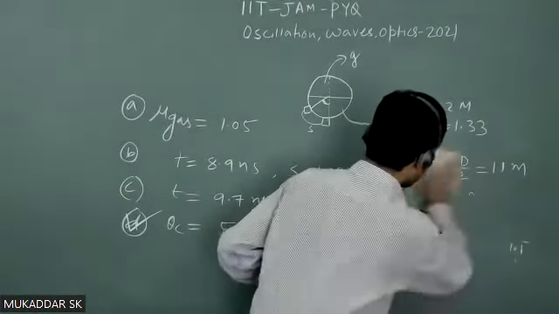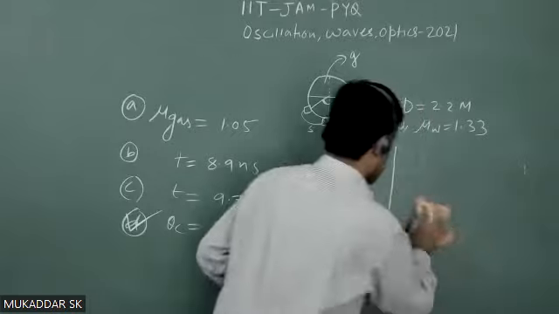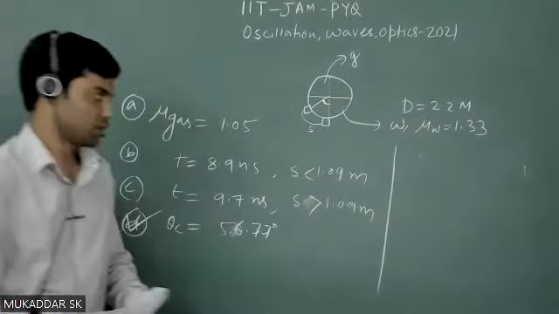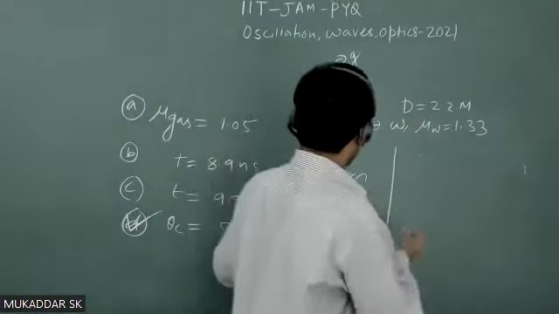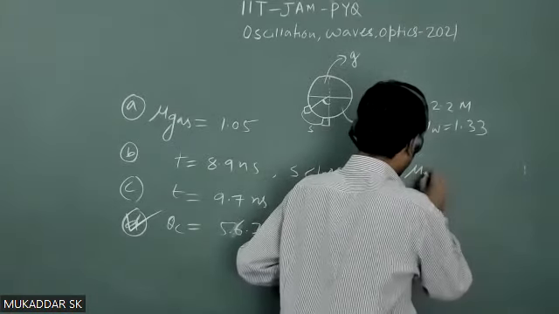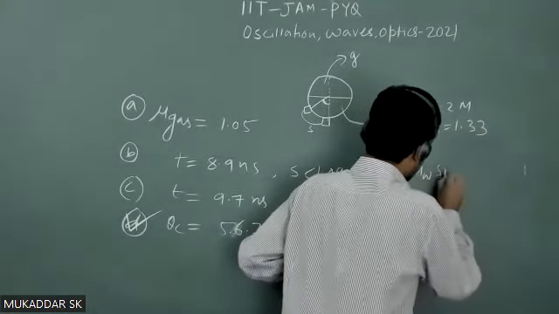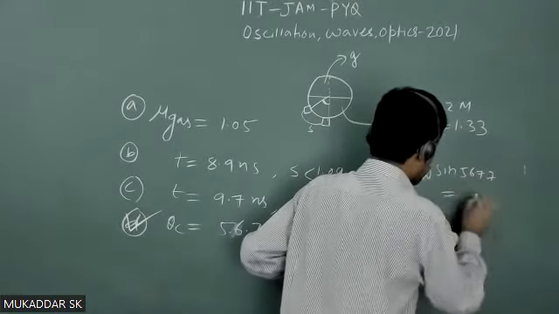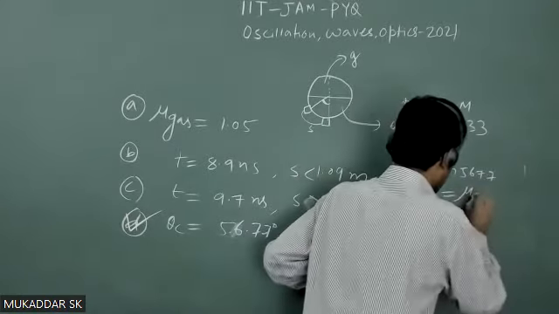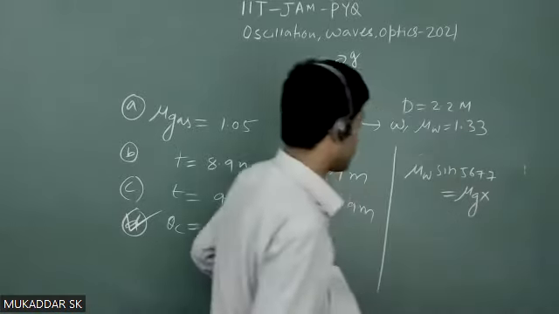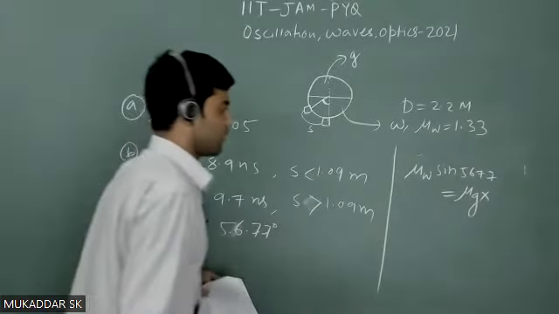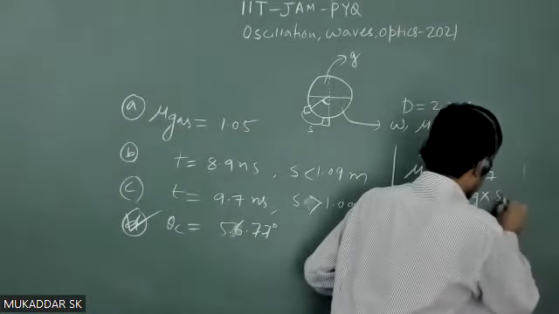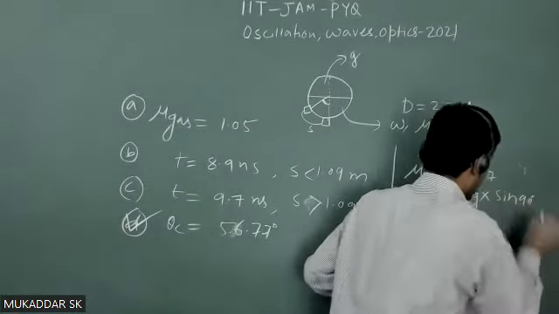Now at this theta c, I will apply Snell's law of refraction. So what I can write: mu w sine 56.77 equals mu gas, and what will be the angle of refraction? That will be 90 degrees. So I'll write sine 90 degrees.